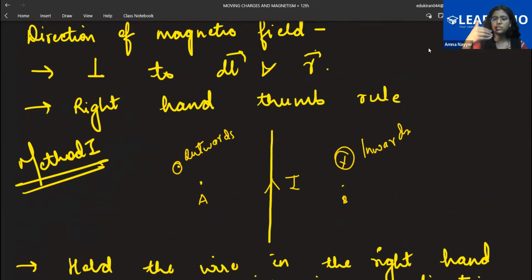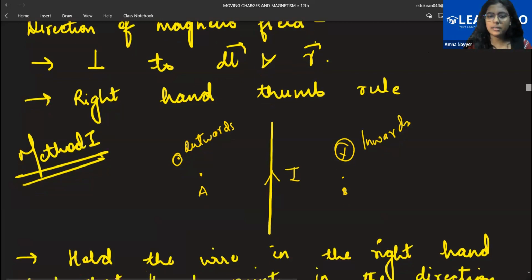At point B, the curl is inwards. If I put my thumb along the direction of current and curl it, the fingers at point B are going into the page.